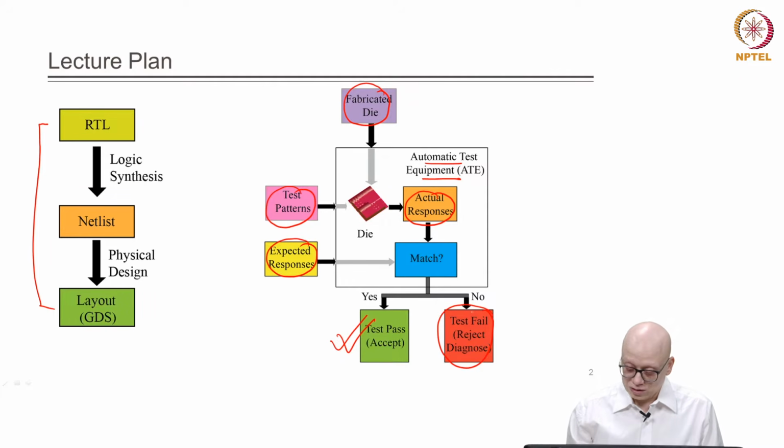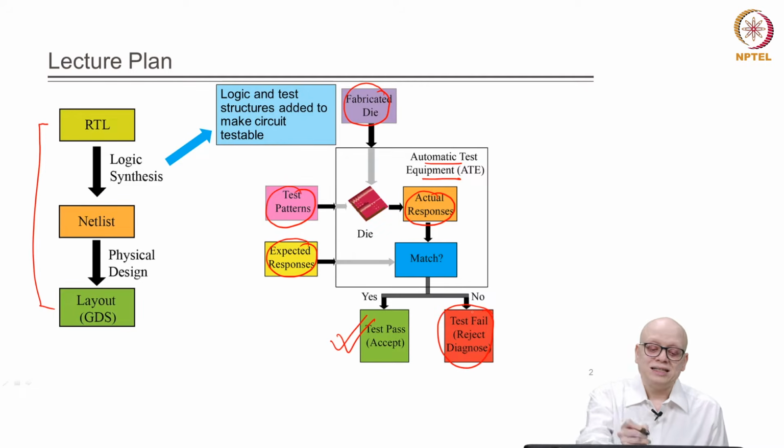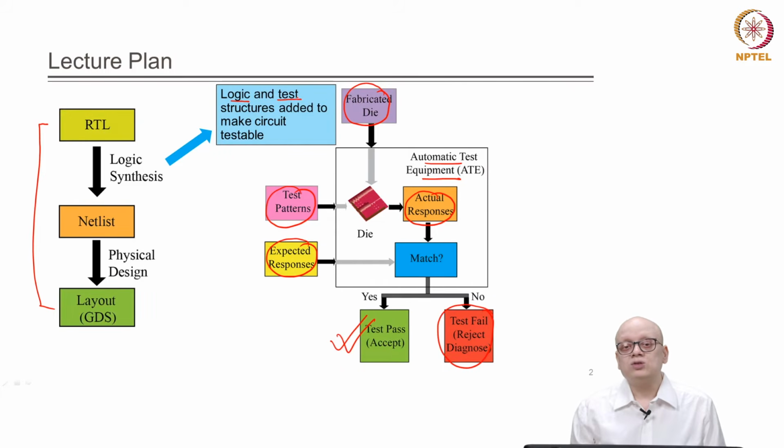Now, for this manufacturing testing process to be more efficient, we need to make some changes in our design. We need to insert some logic and test structures in our circuit, so that our circuit becomes more testable.